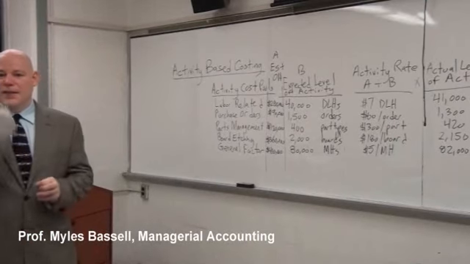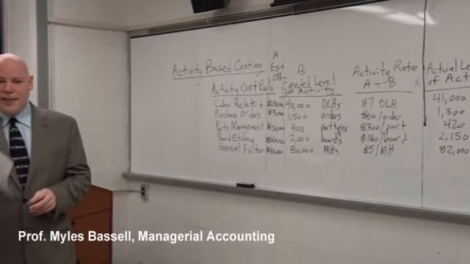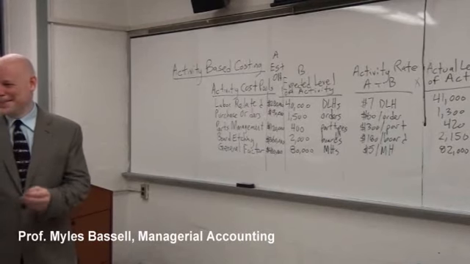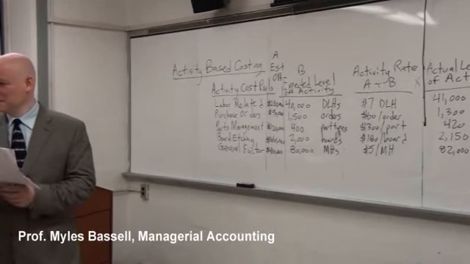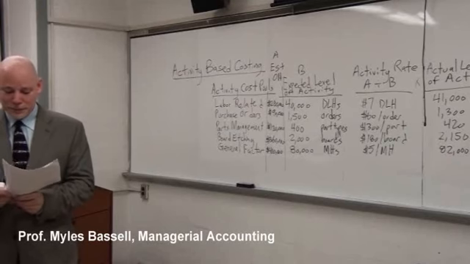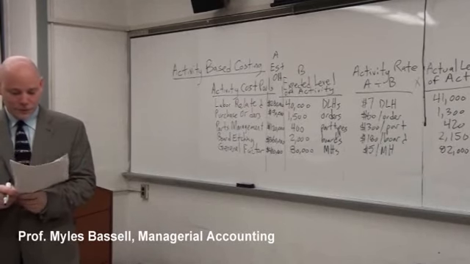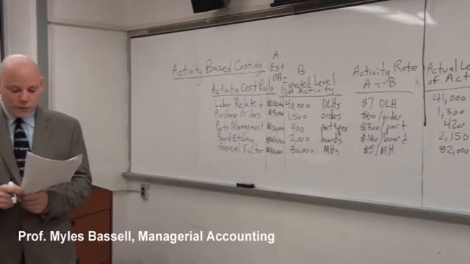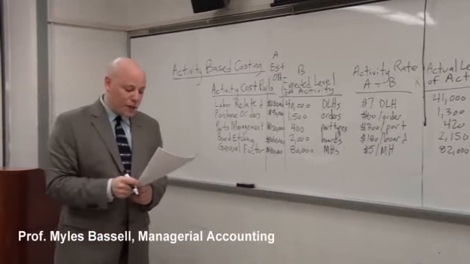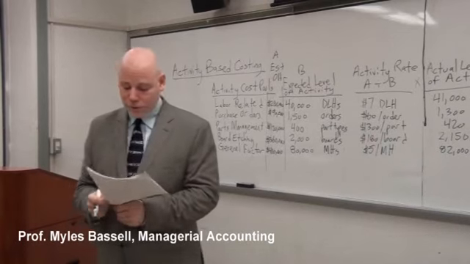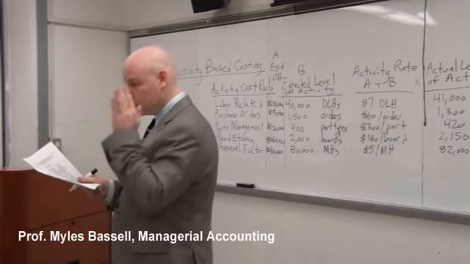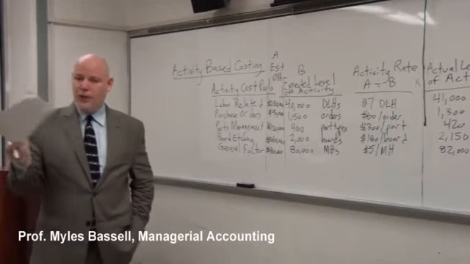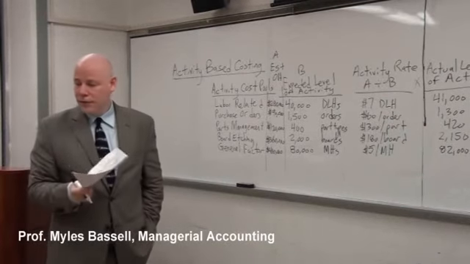Then you're thinking, wow, I really should have paid attention in that class. Can we retract? So we have an estimated overhead cost which we presume. We estimate that cost based on information that we had previously, from last month, the prior period, or the last year.